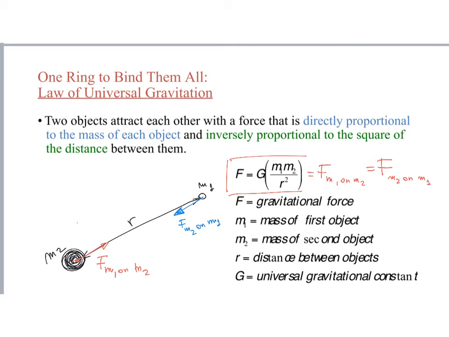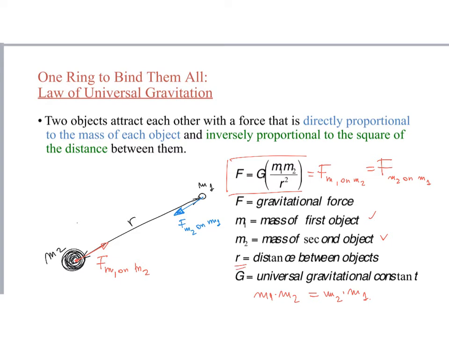It's actually pretty easy to see that it's not going to matter whether you have m1 times m2 or m2 times m1. So yeah, it was Newton who figured this out, m1 and m2 being the masses of the first and second object, r is the distance between these objects.